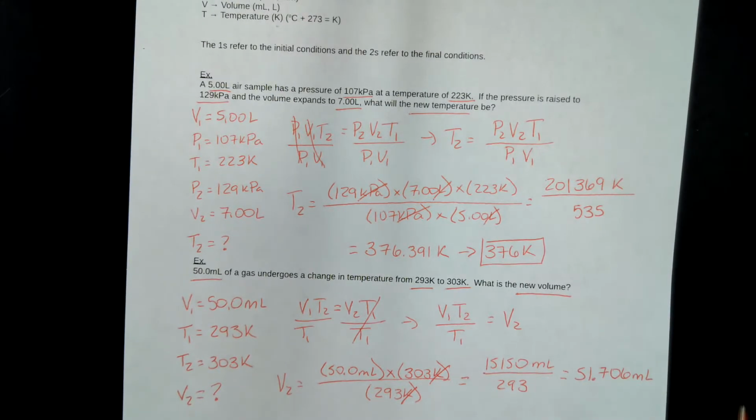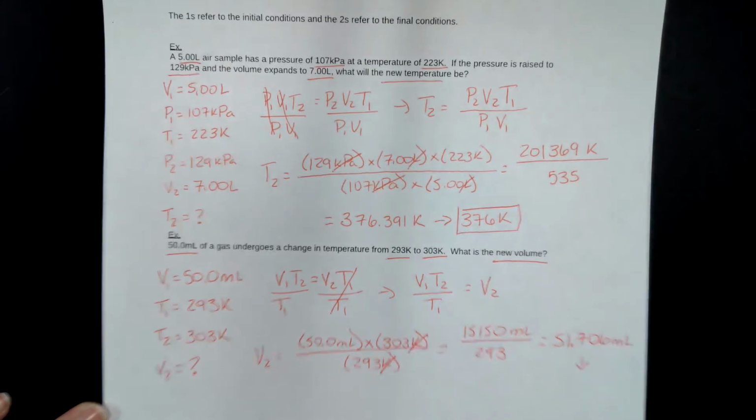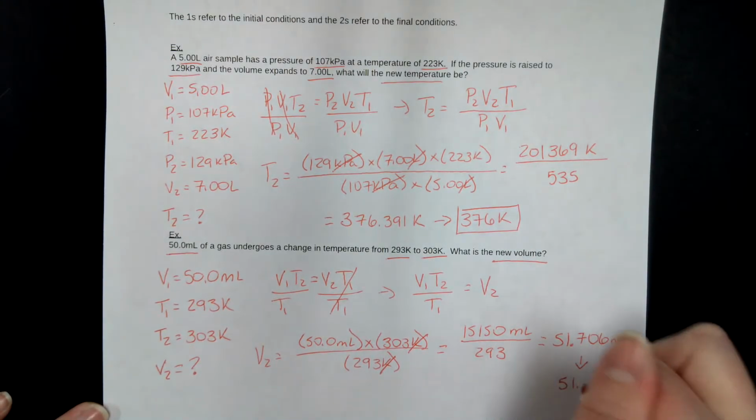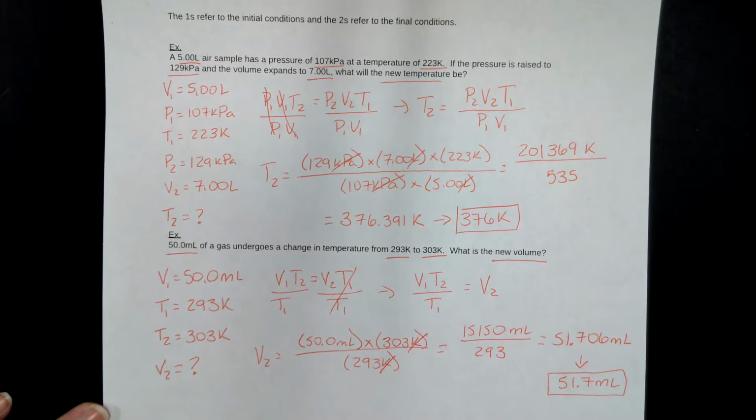So if we look at our sig figs, seems once again, we have 3 sig figs for all of our givens, because as I said before, trailing zeros at the end of a number are significant if there is a decimal. So 3 sig figs in every given means we're going to round our final answer to also have 3 sig figs, and that will leave us at 51.7 milliliters for a final answer.